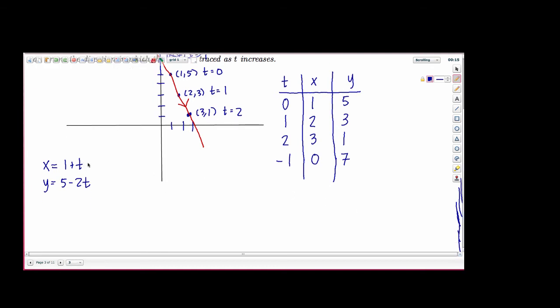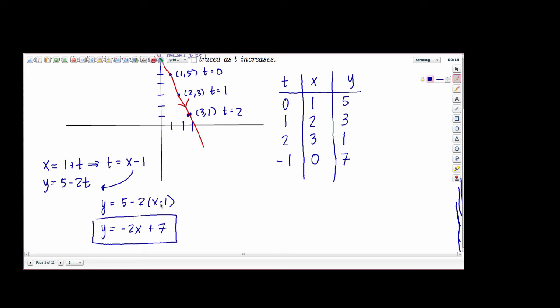I'll notice that in x is 1 plus t, I can rewrite this as t is x minus 1. I can then plug that into my y equation and get y is equal to 5 minus 2 times (x minus 1), or y is equal to minus 2x, and then minus 2 times minus 1 gives me plus 2, so minus 2x plus 7.